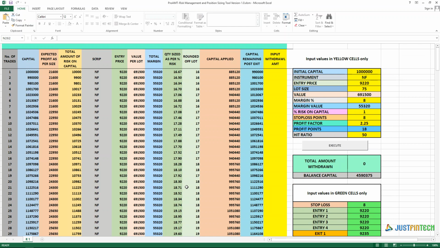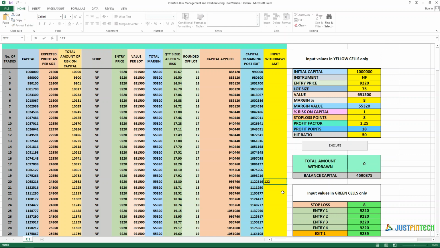Now few people might think that they do not want to trade this big, and also they would like their bread and butter to come out from this. So I would suggest that at least take a 20 trade sample size specifically for intraday traders, and then at the 20th trade you can withdraw the profit on capital, which is here 1,22,516.